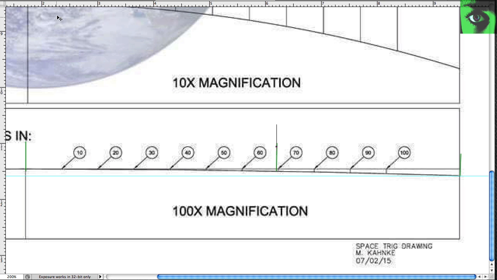Now if you look at each of these, this one's a 90 degree. That's right on. I need that right there.